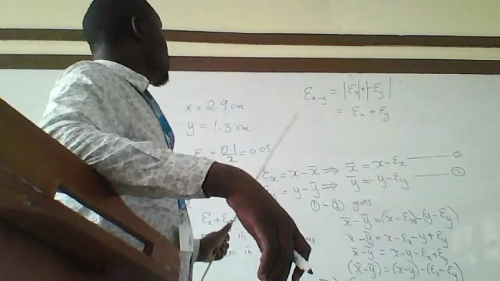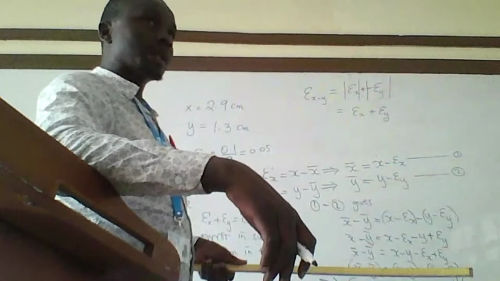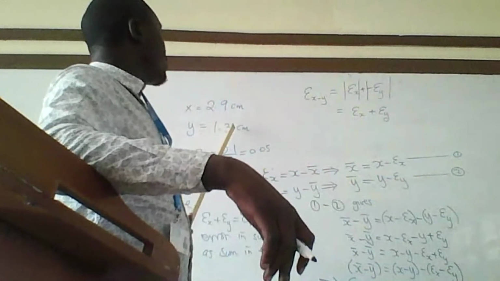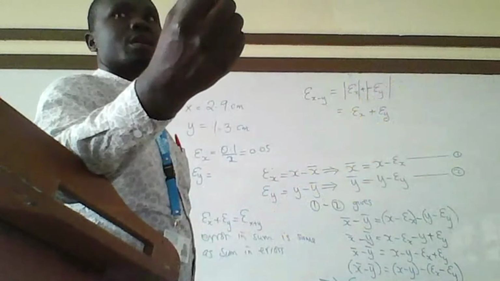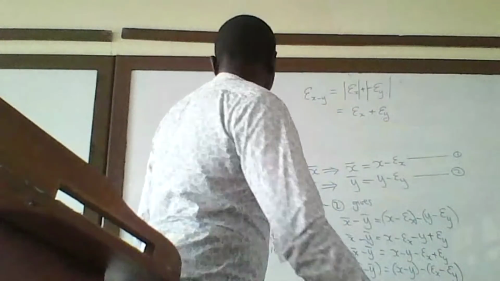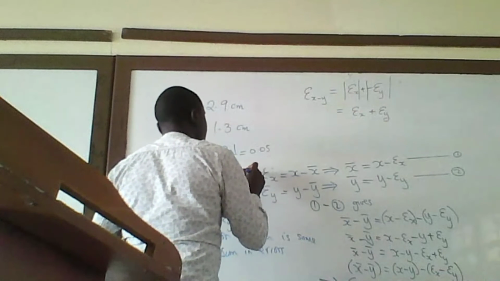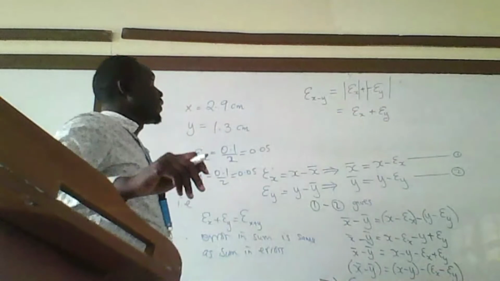So this is 1 decimal point. That's why she said 0.1. Then if I have 1.3, the same number to the nearest 1 decimal point, so 0.1 still. We divide by 2 and you get 0.05 centimeters.